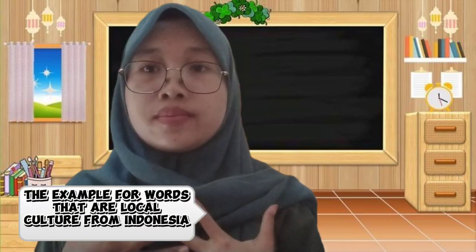We can start the alphabet using a local culture with spelling, like me, for example. Okay, students, please repeat after me. Okay, for the first, I mention local culture from Indonesia.